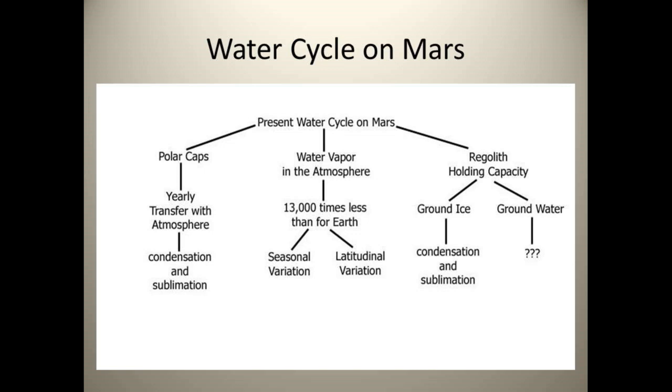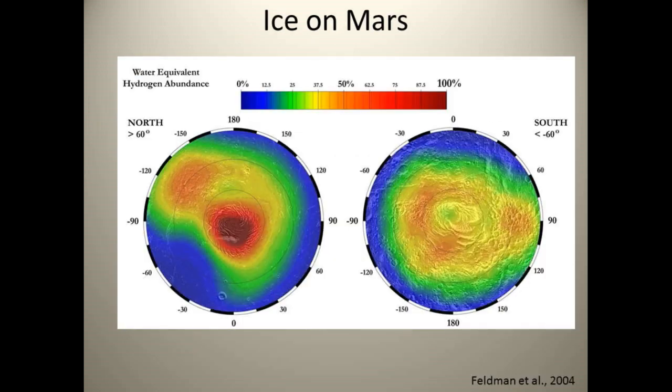However, we do have a pretty firm grasp on the uppermost meter of the surface. In that uppermost meter, there is a lot of water in ice form at high latitudes. This is the result of gamma ray spectrometry that shows the water equivalent hydrogen abundance.